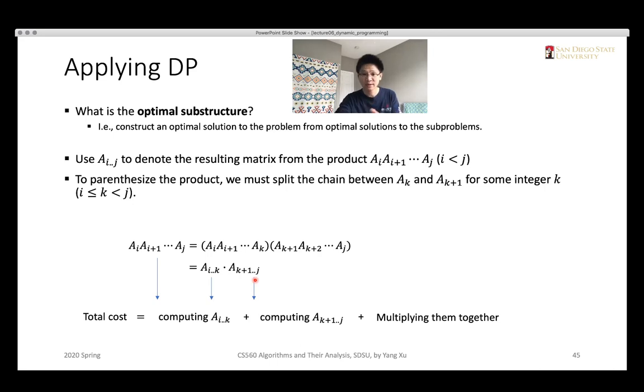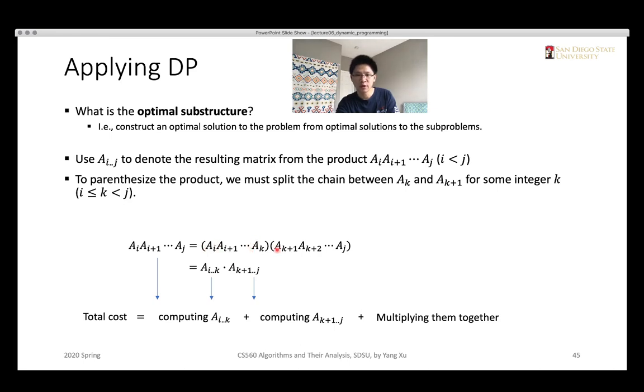All right, so that makes sense, right? Because the total cost is doing the left half, and the cost of computing A subscript I to K is what is required to compute the left subchain.